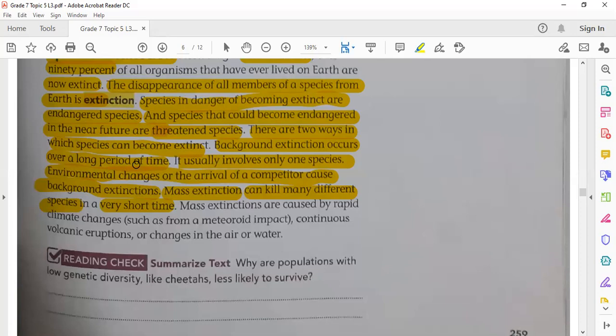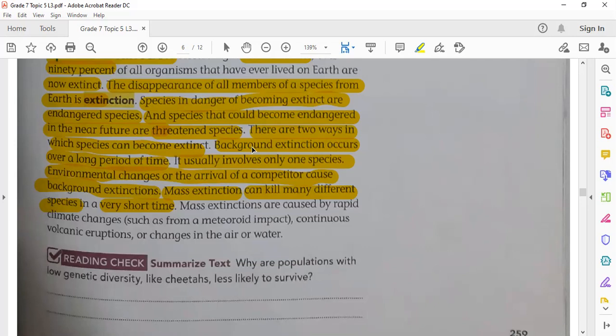So the extinction of dinosaurs, is this mass or background? Can anyone answer? Repeat the question. The extinction of dinosaurs, is it background extinction or mass extinction? Background extinction.